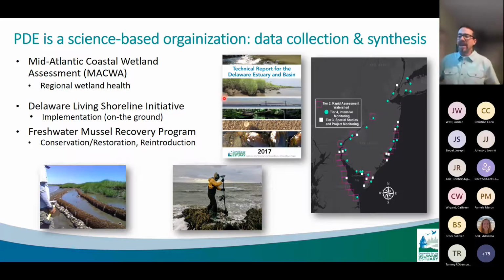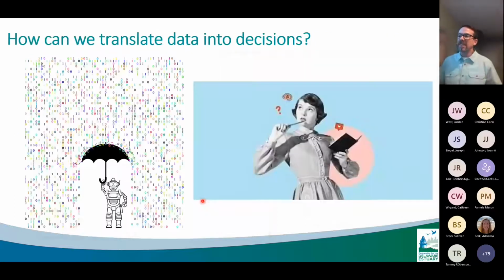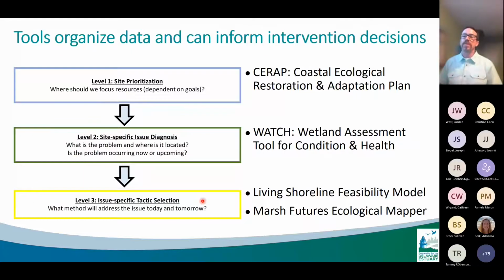But looking at these data in terms of project-specific or effort-specific results is a little different than figuring out how to translate the wealth of this data into decisions on how and where to work. And that's what tools could really help us do. Tools can help us organize the information and help us inform prioritization through intervention.